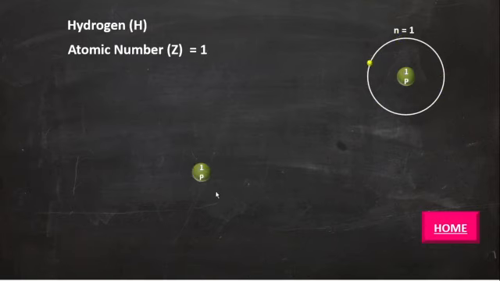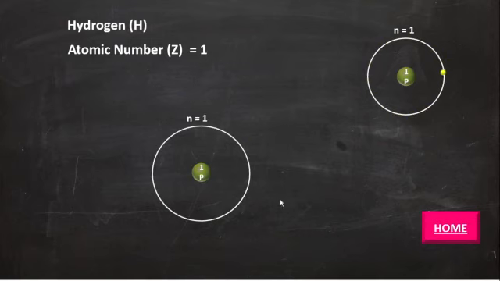See here, nucleus. I am redrawing it same. So this is n equal to 1. In the first orbit there is only one orbital called 1s orbital. So the only electron present in the hydrogen atom, revolving around the nucleus in the first orbit, will occupy the 1s orbital.